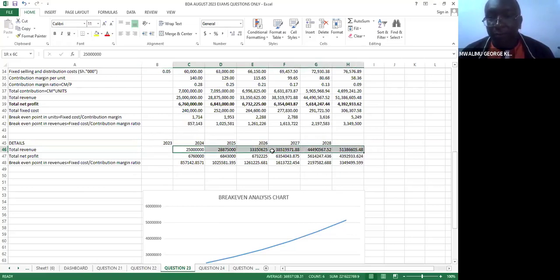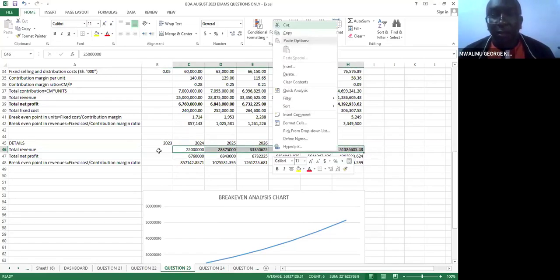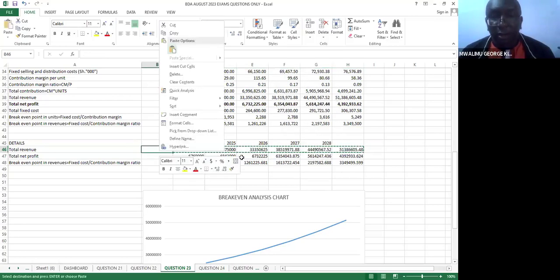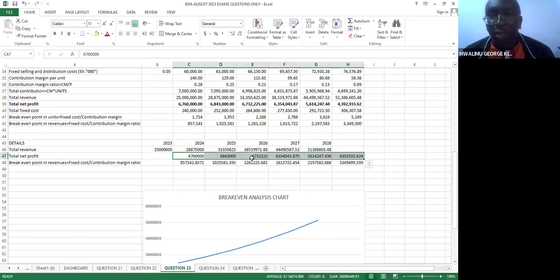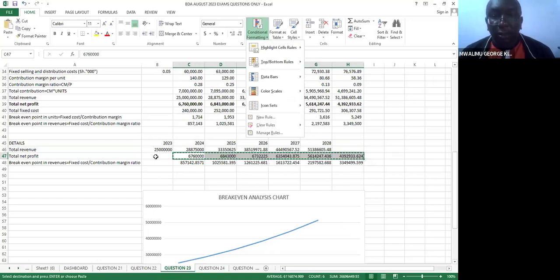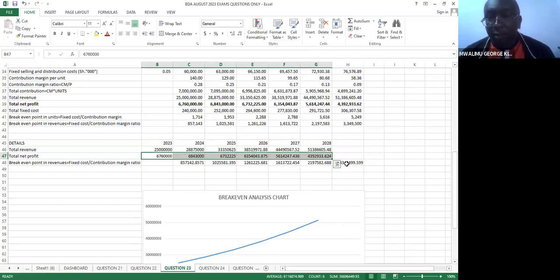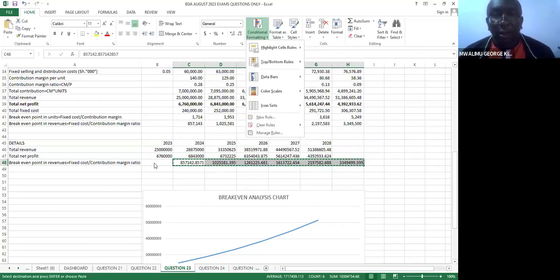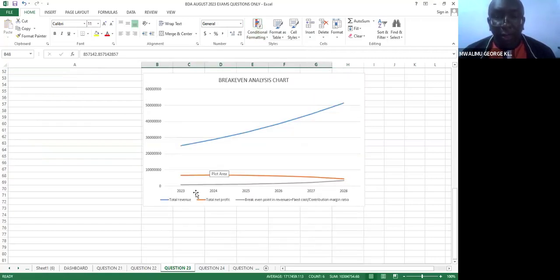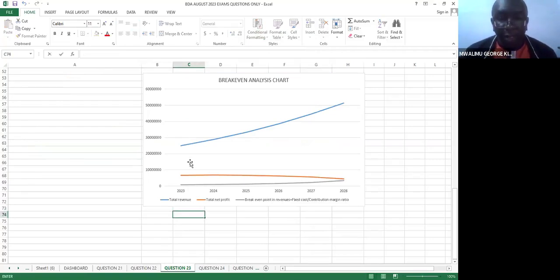Then this one, I cut and I paste here. These ones, I cut and I paste there. This one, I cut and I paste. So you can see our graph has improved.